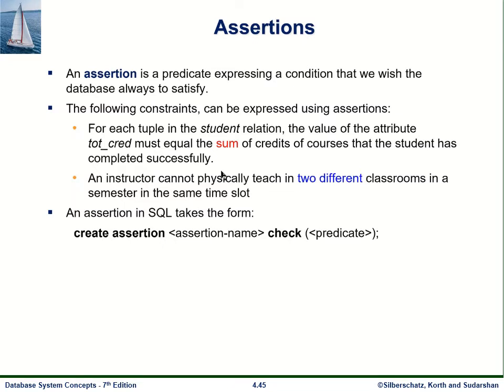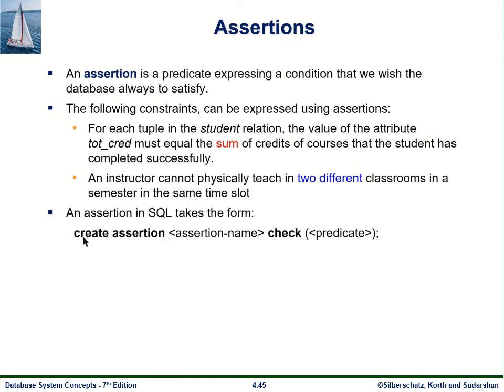For here I added one word called physically. So that means, of course, we may use IVN like remote teaching, but we can only say there's one assigned room for one class.